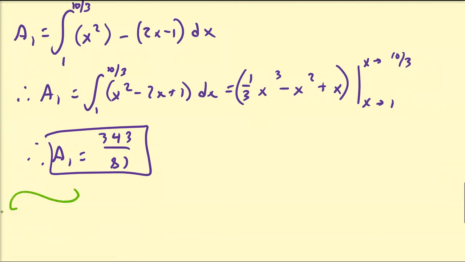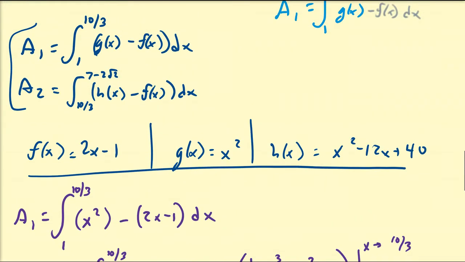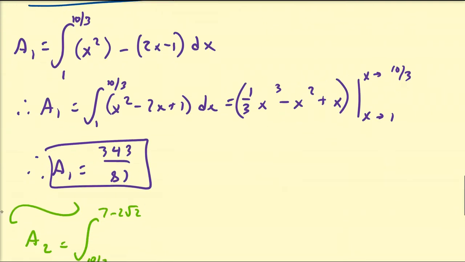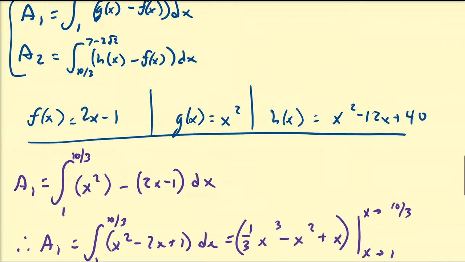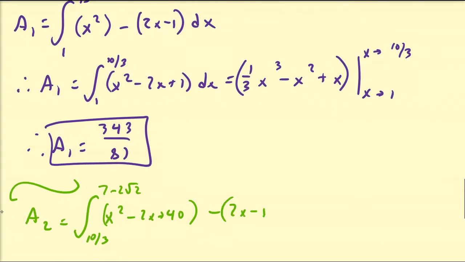So that's the first step. Now A2 is going to be equal to the integral from 10/3 to 7 minus 2 root 2 of, what are we subtracting? So h minus f. So h is x squared minus 12x plus 40, minus our f of x function, 2x minus 1, dx.